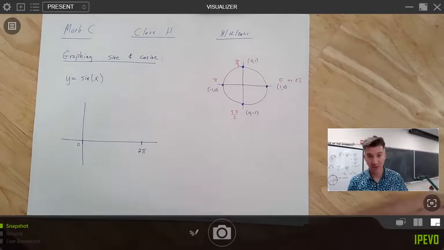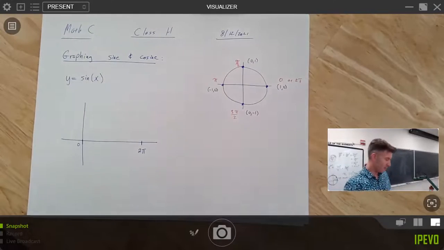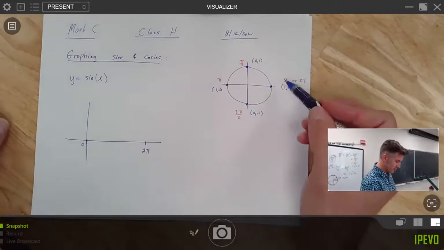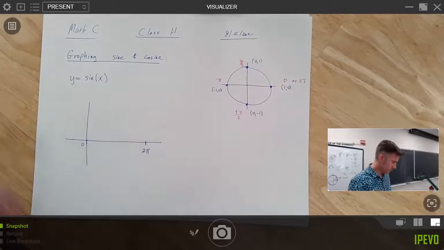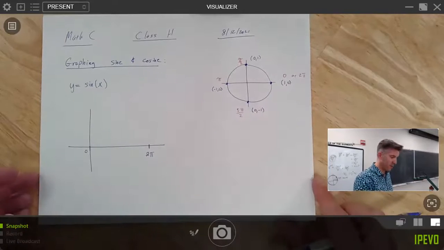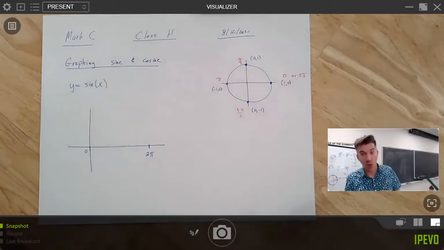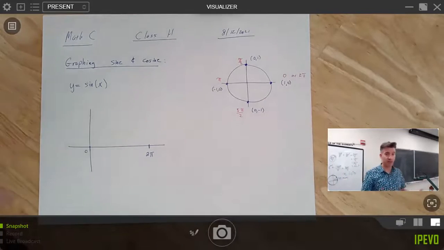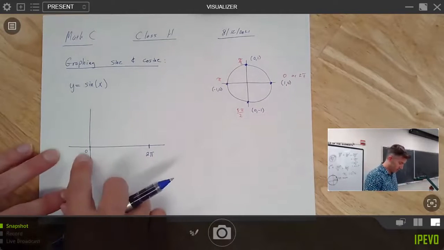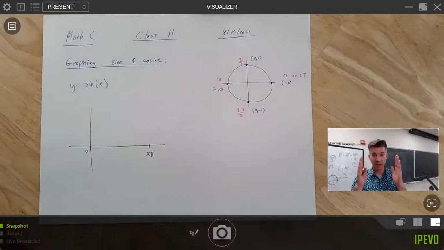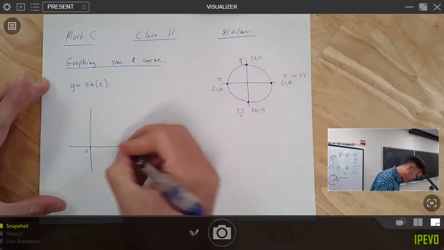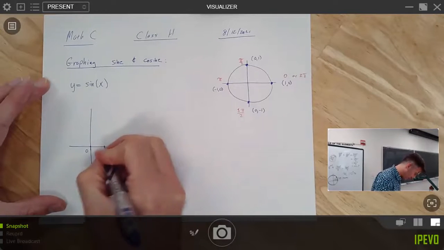So what I really want to do is just plot the values at these 5 angles, which breaks this up into 4 equal quarters, or 4 quadrants. So whenever I'm graphing sine or cosine, I'm going to take my full period length and immediately break that length up into quarters. So I'm going to cut it in half, and then each of those halves in half.